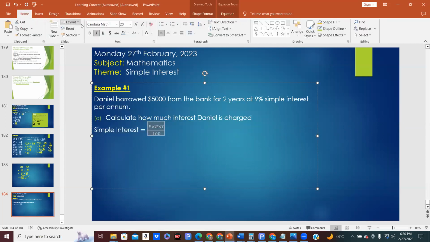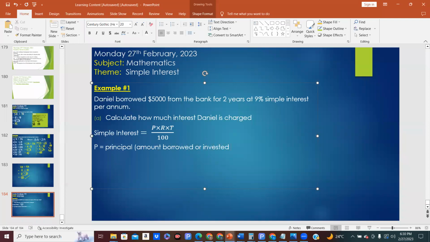So that's your simple interest formula. Principal times rate times time. Now, P is the principal, and the principal is the amount borrowed or invested. R is the rate, the interest rate.